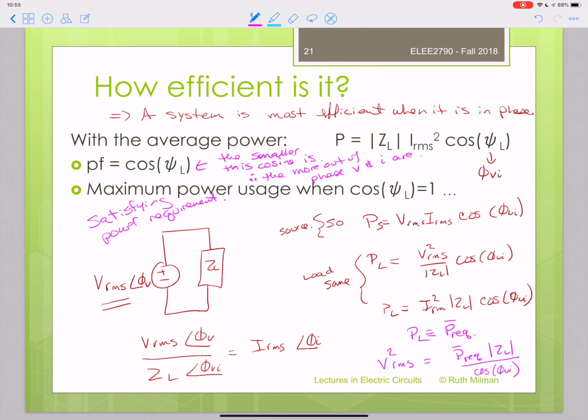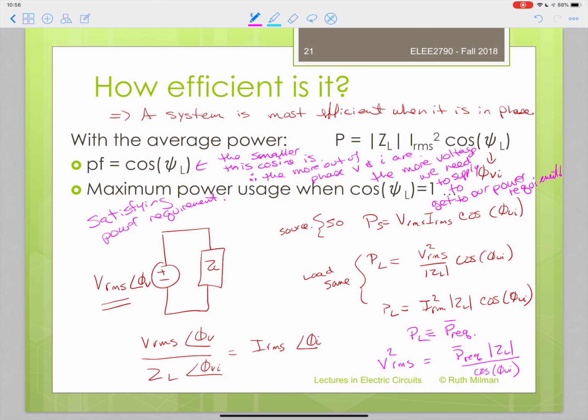So the smaller the cosine, the more out of phase the voltage and current are, the more voltage we will need to supply to get to our power requirement. And that ultimately is the punchline: we want to minimize the voltage we need to give out in order to satisfy our power requirement.